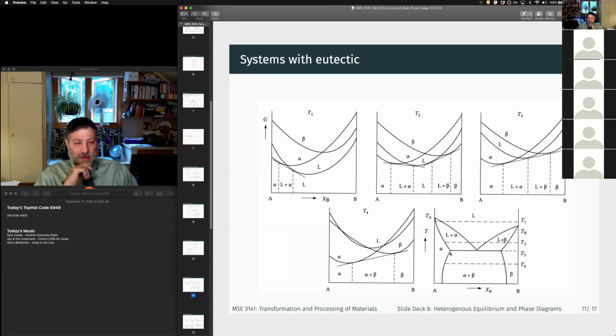So we go from having three phases in equilibrium, we drop the temperature down just a little bit, and now we have two phases in equilibrium, because we no longer have a common tangent. You can't draw a straight line anymore, right? Whereas if we go up in temperature just a little bit at this composition, the liquid is clearly the lowest phase, right?